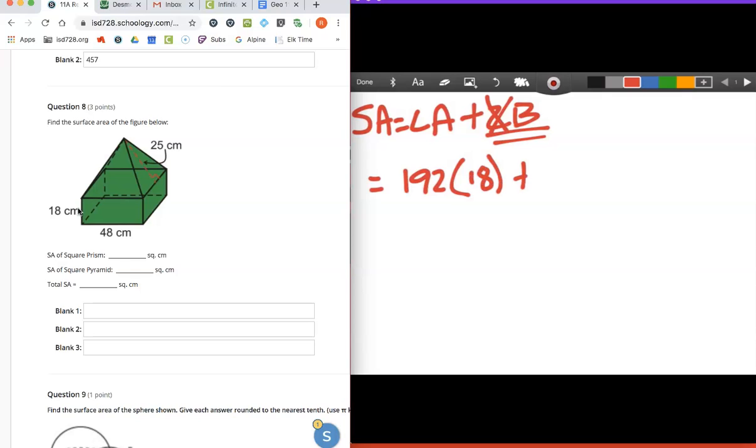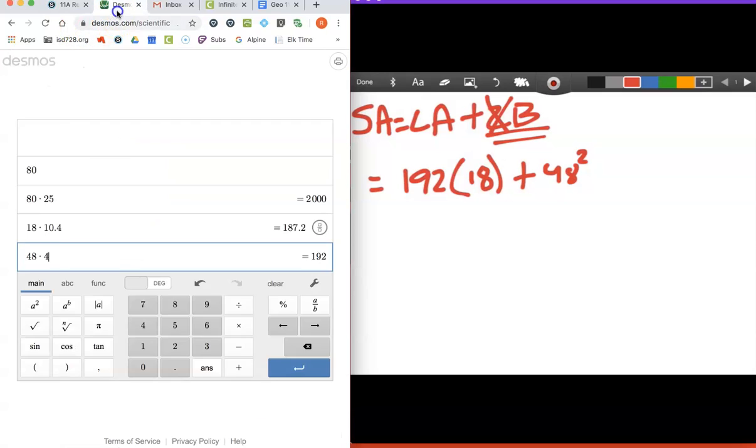Okay, the base is going to be 48 times 48, or 48 squared. So I need the 192 times 18. That's 3,456.